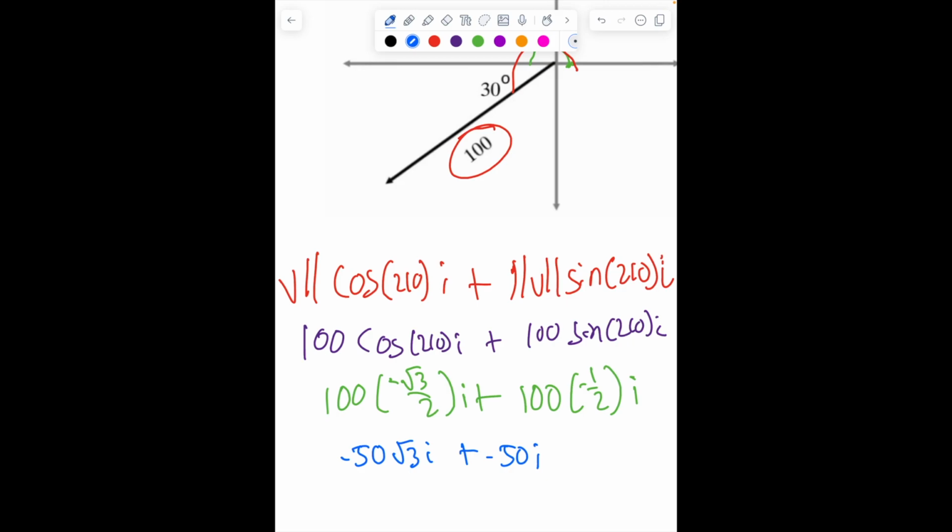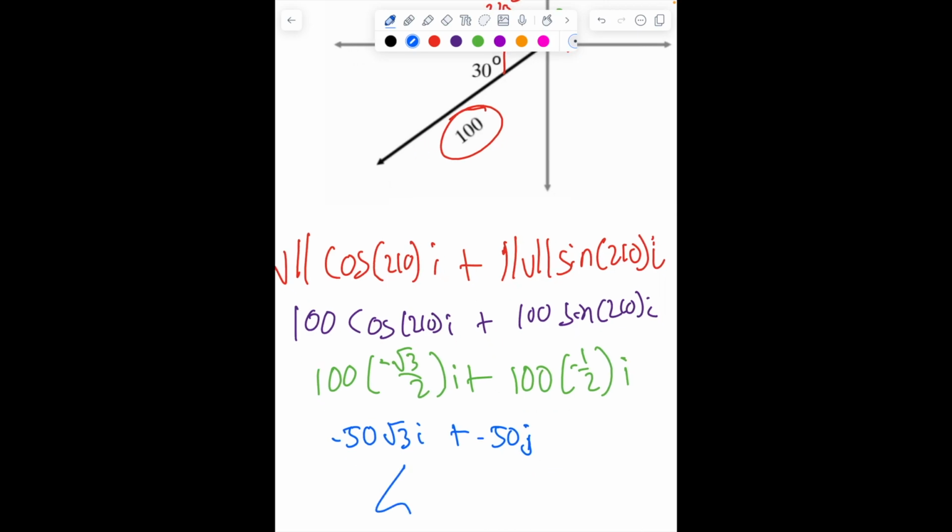That one doesn't even have a radical. Excuse me, it should be j here. So if I were to write that in vector form, I would say this is negative 50 square root 3 and negative 50.